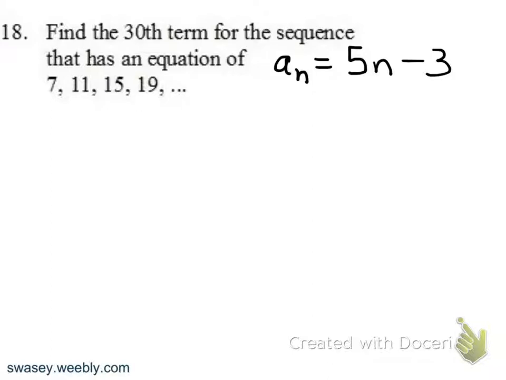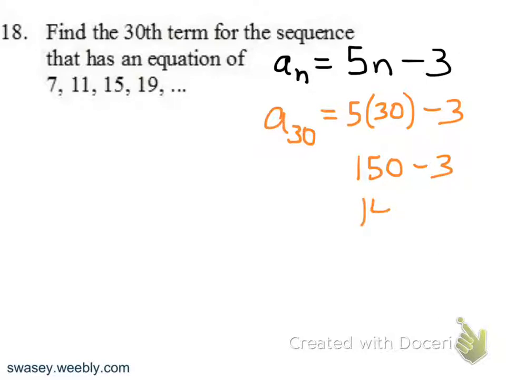Here we want to find the 30th term in the sequence, so replace n with 30. Multiply before you subtract. So our 30th term in the sequence is 147.